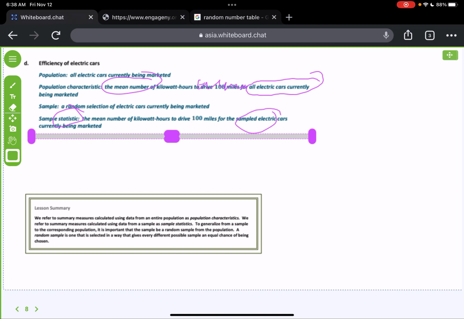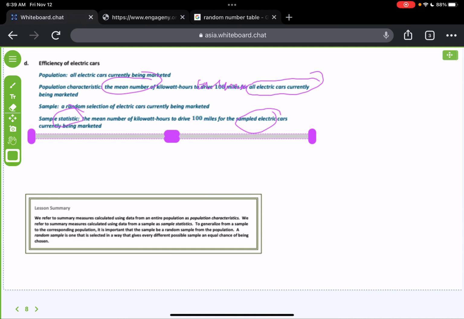All right, so lesson summary. We refer to summary measures calculated using data from an entire population as a population characteristic. We refer to summary measures calculated using data from a sample as a sample statistic. To generalize from a sample to the corresponding population, it is important that the sample be a random sample from the population.